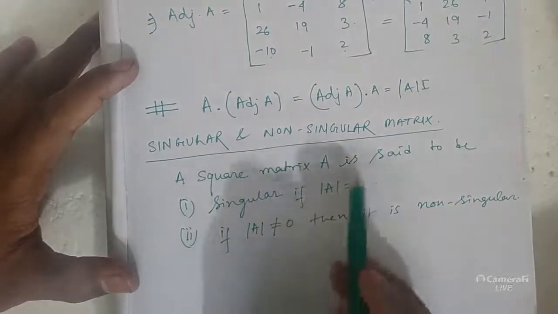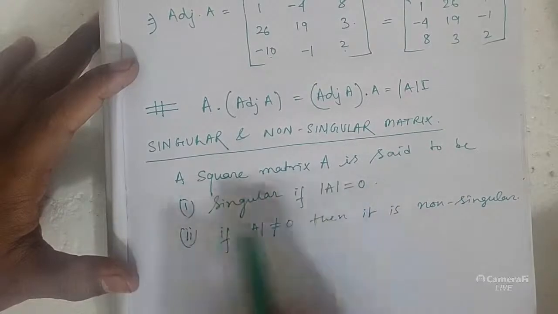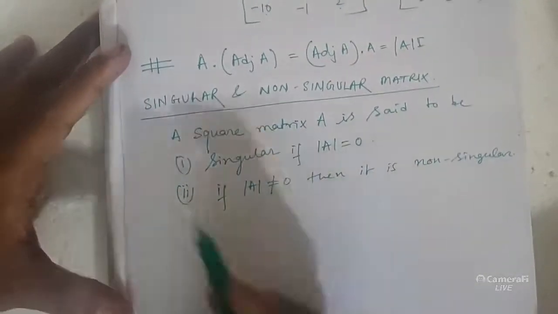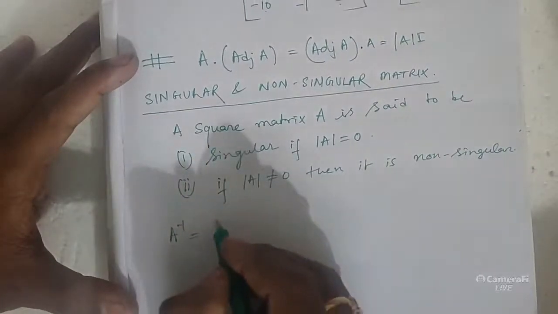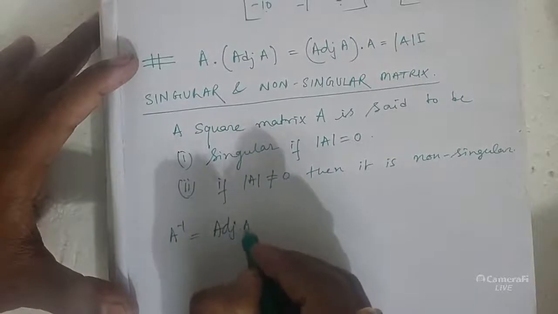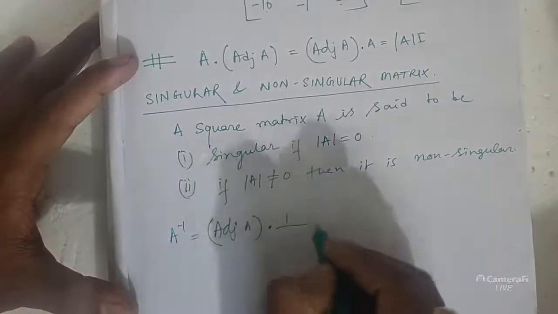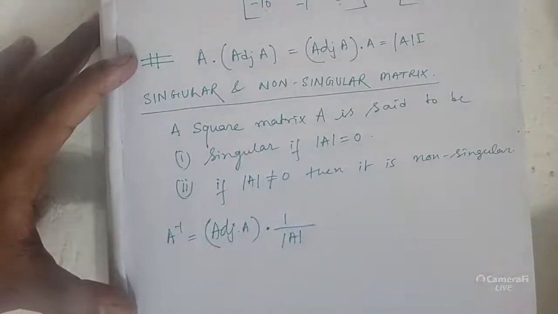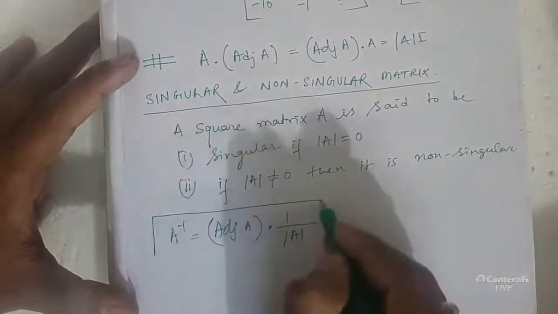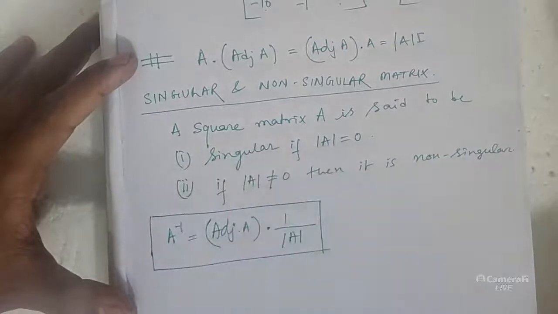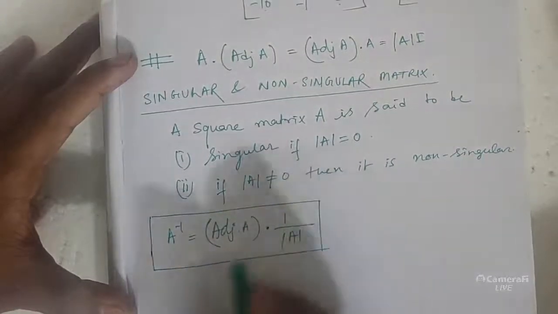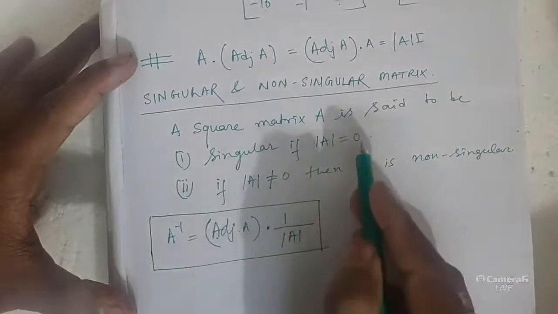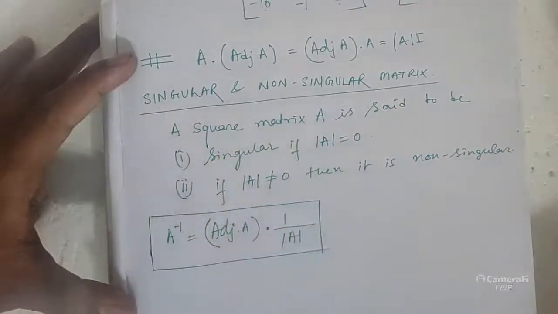And we cannot find the inverse of the matrix if it is a singular matrix. Why? Because A inverse is equal to adjoint A into 1 by determinant A. This is the formula of A inverse. Now if the determinant A value is equal to 0, it will be not defined.